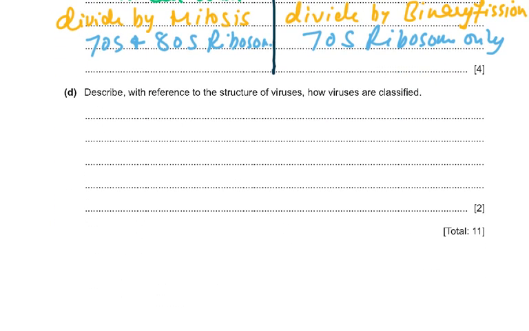Then coming to the D part of the question, which is the last part, describe with reference to the structure of viruses how viruses are classified. They are classified by DNA or RNA, and the nucleic acid is either double or single stranded. You can also say presence or absence of the phospholipid envelope, or the type of disease which they cause, or type of host that they will invade.